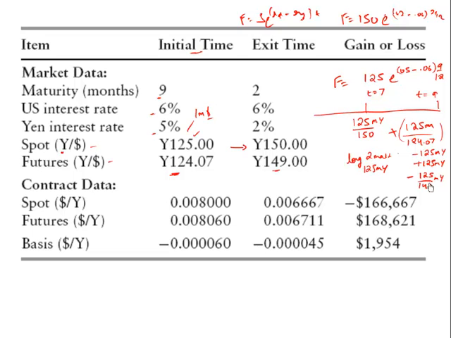So on the whole, on his forward position, when he squares off at t equal to 7, he will have a gain of 125 divided by 124.07. This is the amount he receives. This will get cancelled. Minus 125 upon 149. That is the amount that he loses.